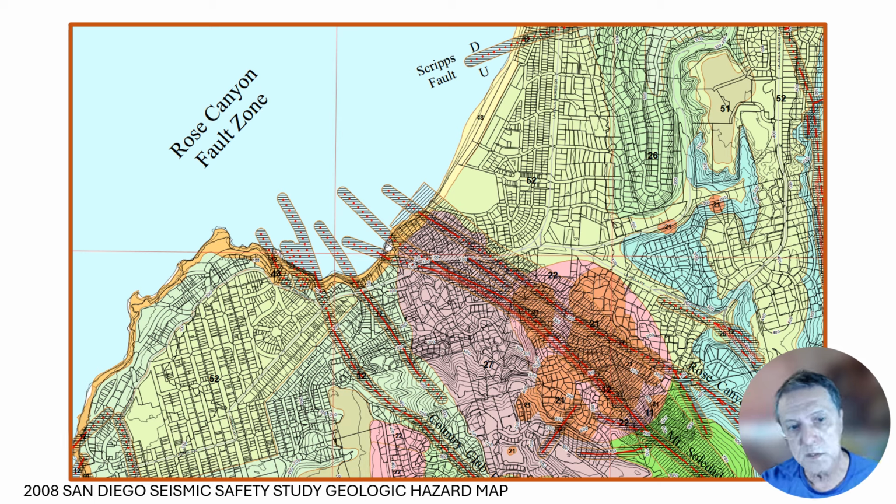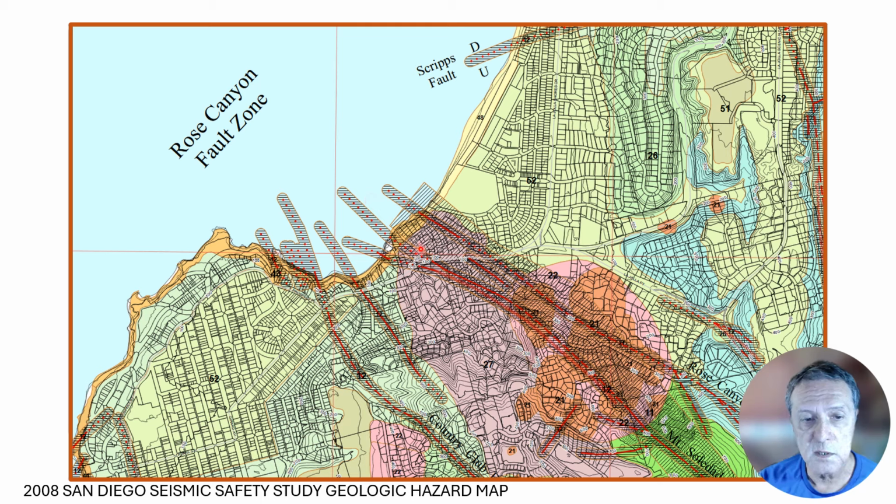The different colors represent different types of geologic hazard zones, if you will. The orange areas, for example, are areas that are prone to landslides. The pink areas are areas that are prone to geologic hazard from the location or existence of earthquake faults.